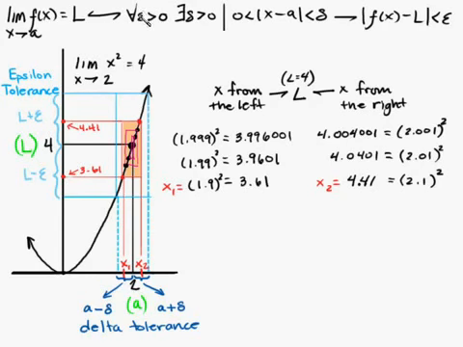So for all epsilon greater than 0, there exists a delta greater than 0. There has to be. If there's even the slightest gap here, there's going to be the slightest gap inside of here. Such that the absolute value of x minus a, which is basically your delta, and it doesn't matter if it's negative or positive, that's why it's the absolute value.